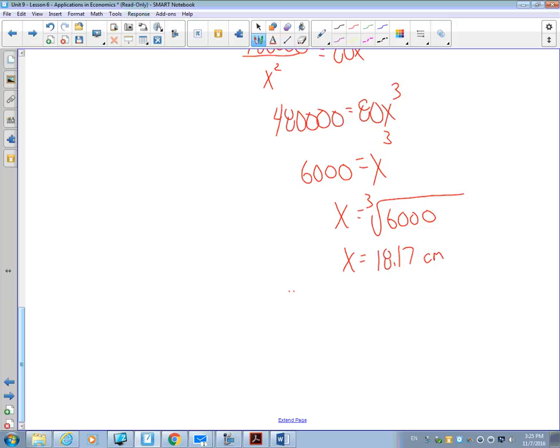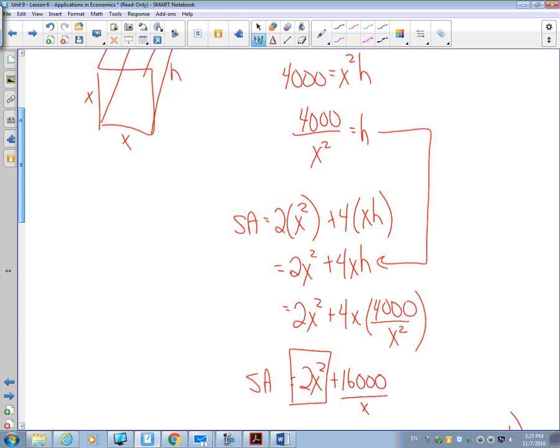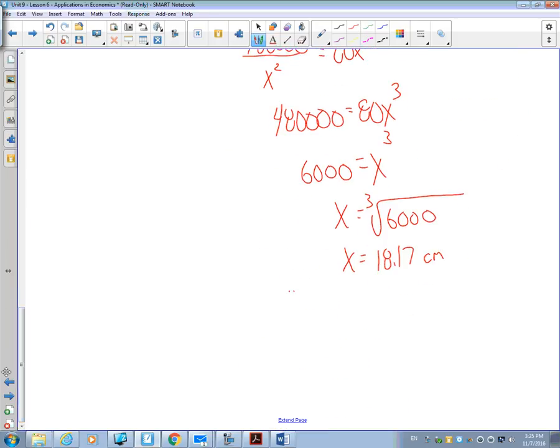Okay. And for our height, because it asked us for the dimensions, we go way back up to the top. We said that height was 4,000 over x squared. So if I want to do my height, 4,000 over x, x is 18.17 squared, and we will get 12.11.